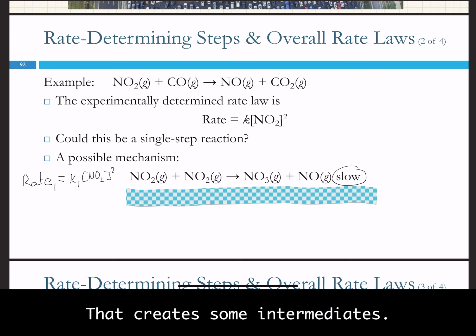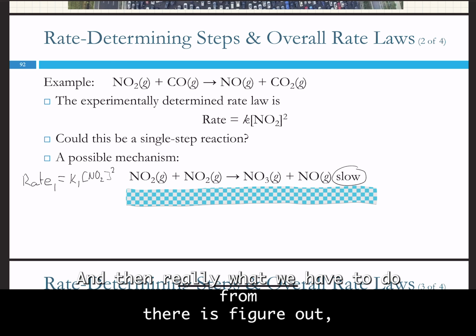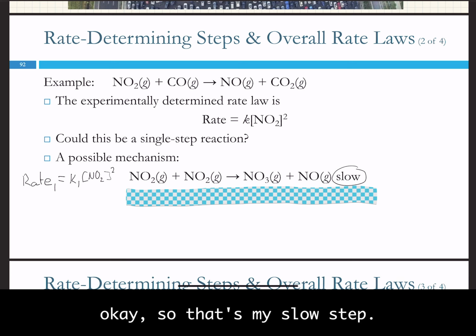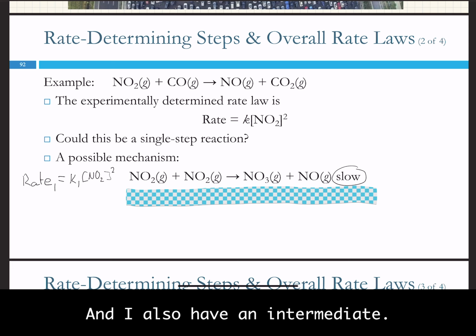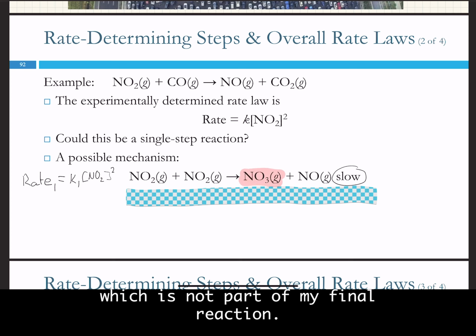That creates some intermediates. And then really what we have to do from there is figure out, okay, so that's my slow step. Now, carbon monoxide has to be involved in this. And I also have an intermediate, which is the nitrogen trioxide, which is not part of my final reaction.